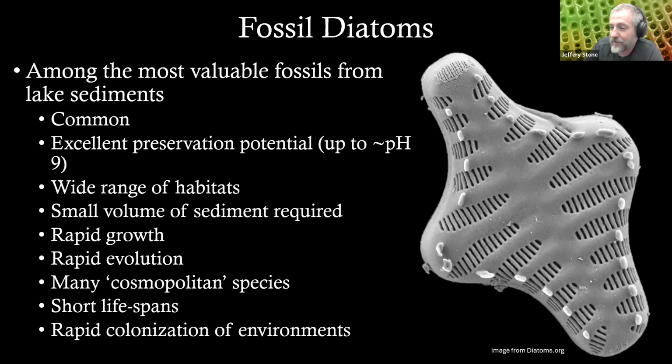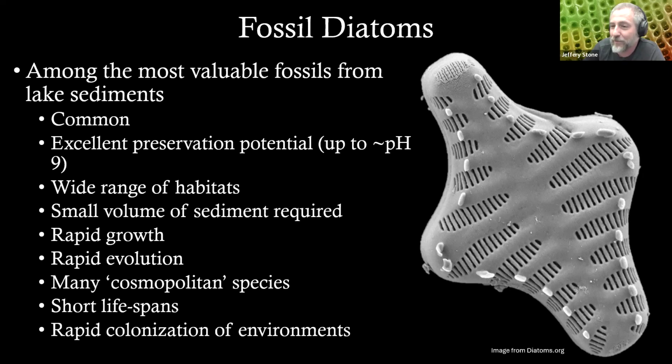Diatoms grow very rapidly. They have, from what we know, some fairly rapid evolution, and there's many species that are labeled cosmopolitan, so we can say something about them even in environments that may be new or novel environments for exploration. And of course, diatoms have very short lifespans, so we're getting reconstruction of whatever environment they lived in within a fairly short time window, and often they can rapidly colonize environments.